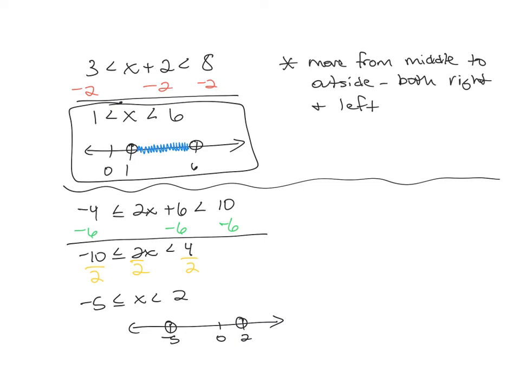Okay, the -5 part is and equals, so I color that one in. And then the and problems get shaded in the middle. Okay.